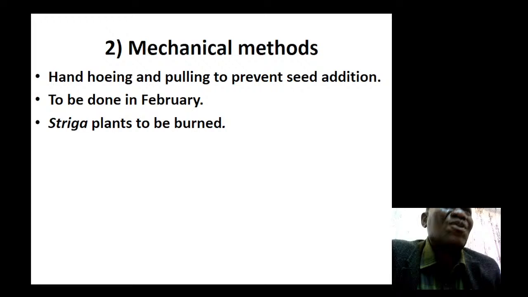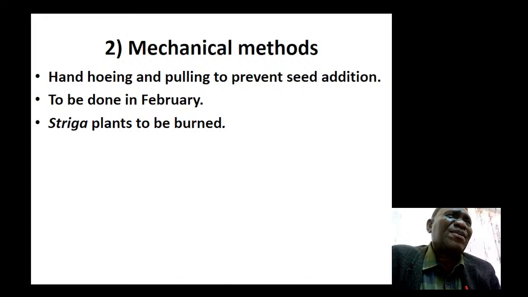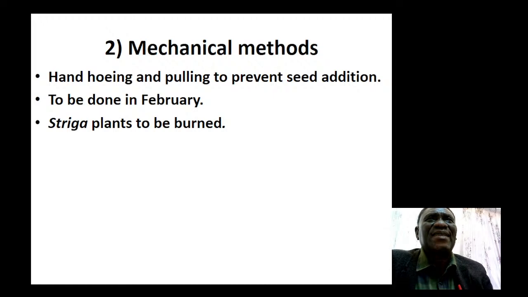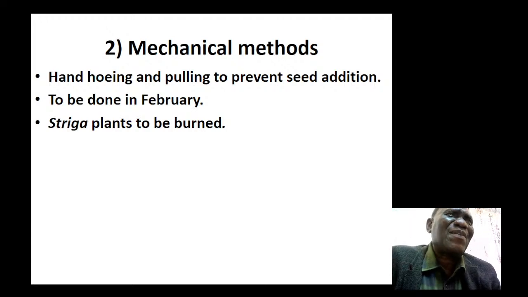Now we move on to mechanical methods. Hand hoeing and pulling to prevent seed addition. We may recommend that farmers should try to minimize flowering and the production of seeds. And this can be done in February. Striga plants may be burned.